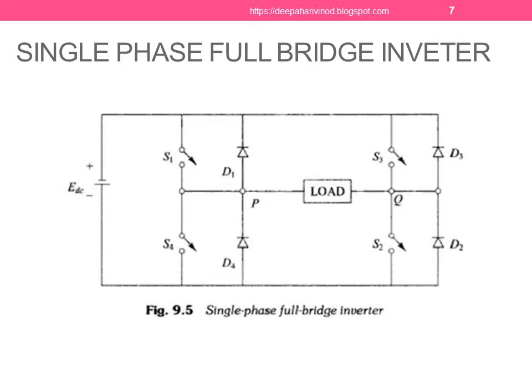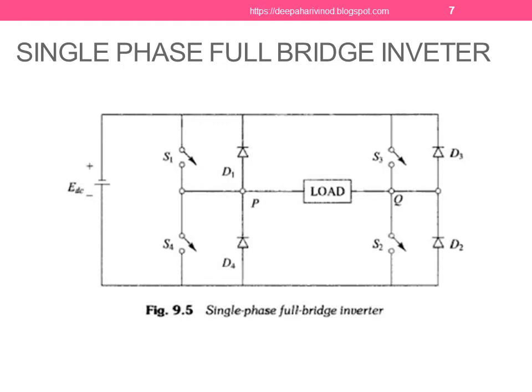D1, D2, D3, D4 are the feedback diodes, because energy feedback takes place through the diodes when the load is inductive. Operation is divided into two different intervals in one cycle of the output, that is mode 1 and mode 2.